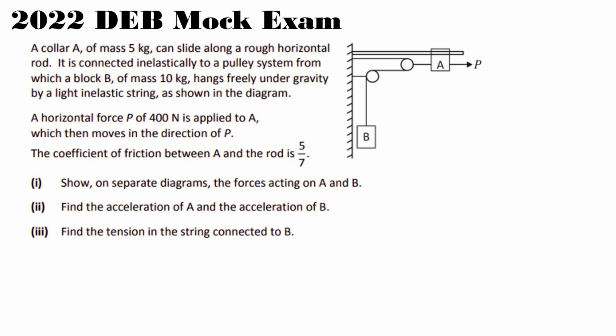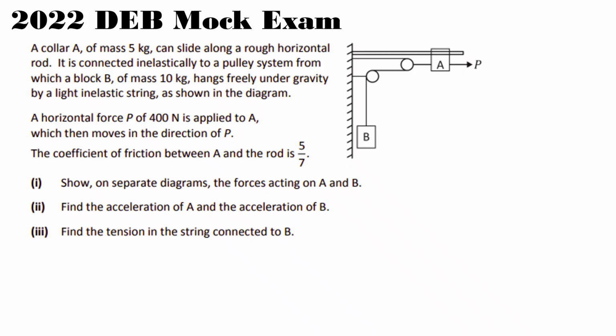A horizontal force P of 400 newtons is applied to A, which then moves in the direction of P. The coefficient of friction between A and the rod is 5/7. The three questions are: show on separate diagrams the forces acting on A and B, find the acceleration of A and the acceleration of B, and find the tension in the string connected to B.